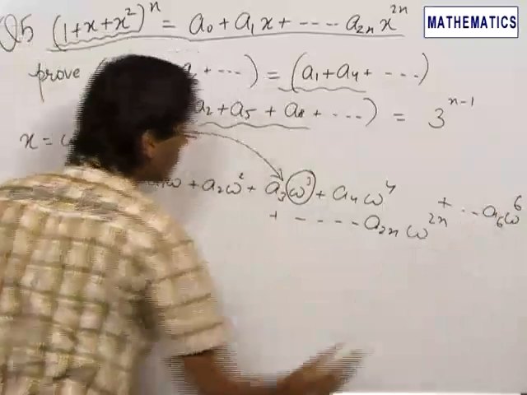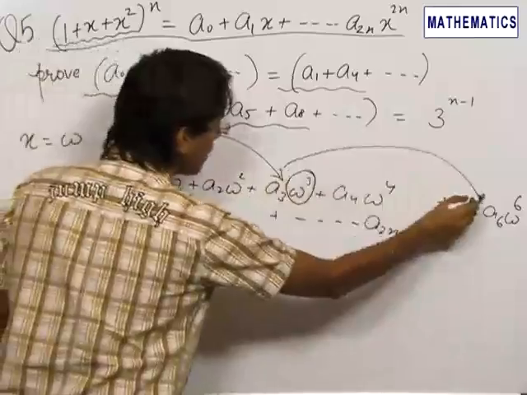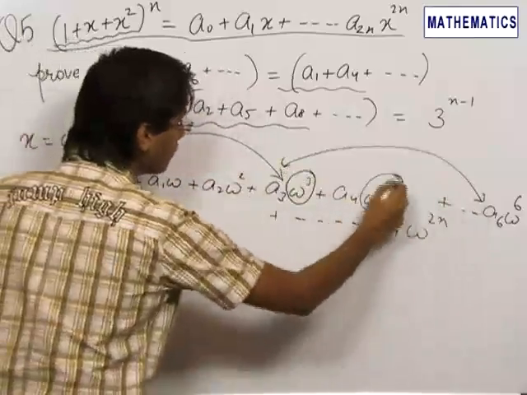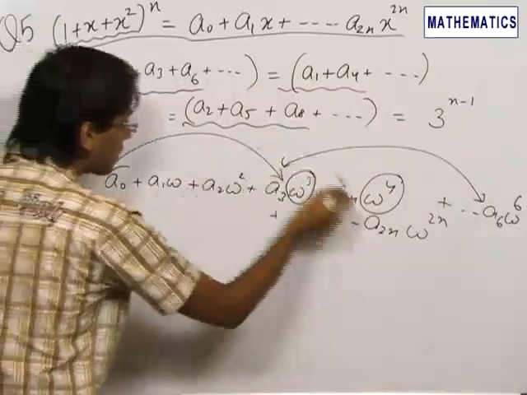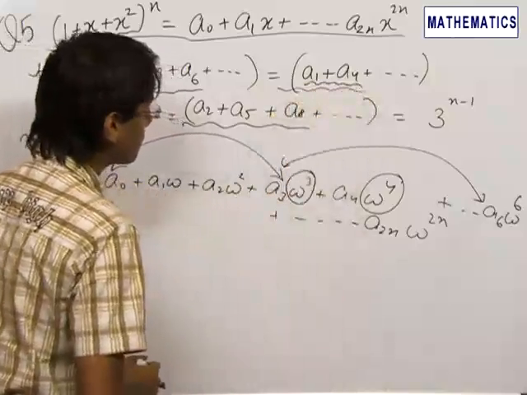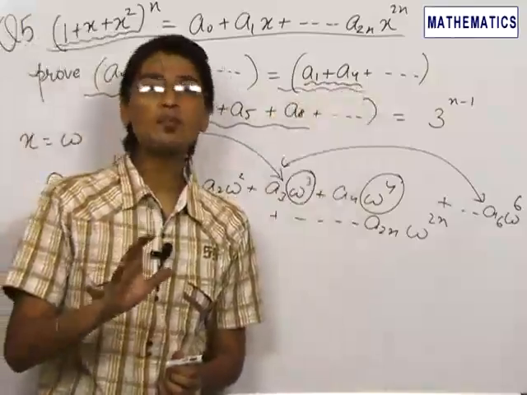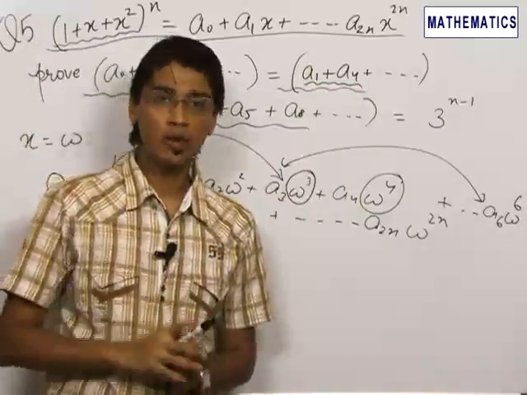So a0, a3, then a6. Similarly omega^4 is omega, so we can get the terms of omega times a1 plus a4, and hence the terms which we are seeing over here. So remember one thing: if in any problem you see the terms in a gap of 3, just try to put x equals omega.